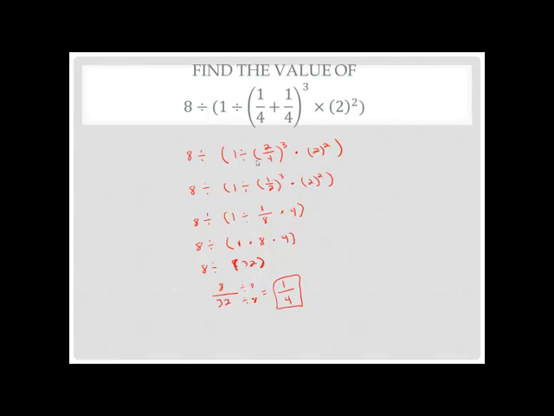Okay, so again, we started with the innermost parentheses to simplify that. We got 2/4, and then I simplified that fraction to 1/2 because 2 would go into both of those numbers. And then I used my exponents. 1/2 times 1/2 times 1/2 is 1/8, and 2 times 2 is 4.